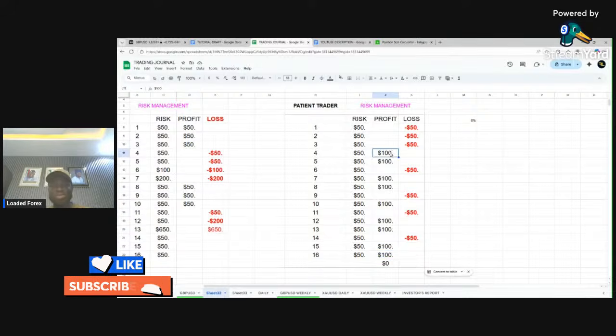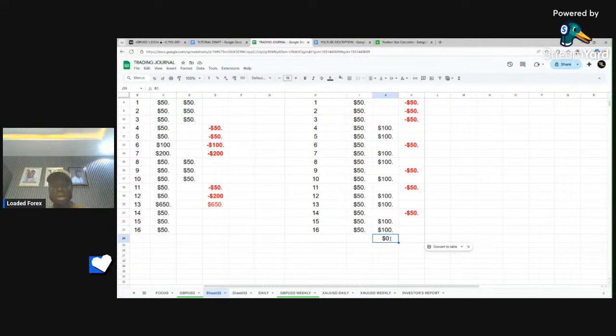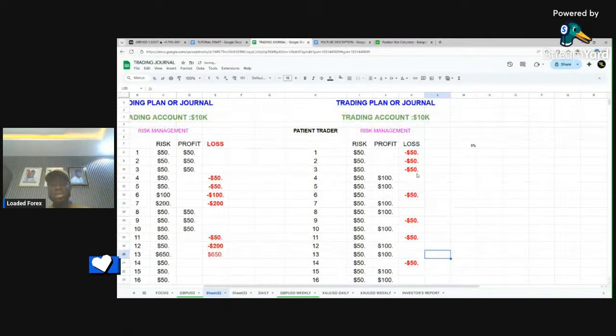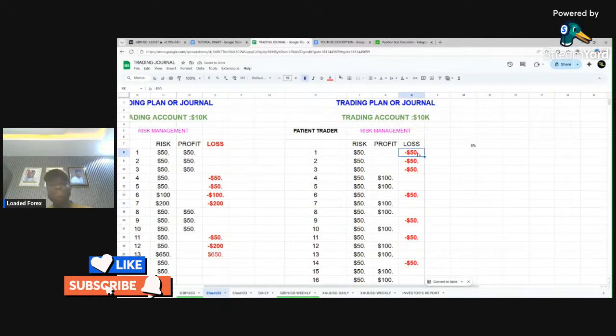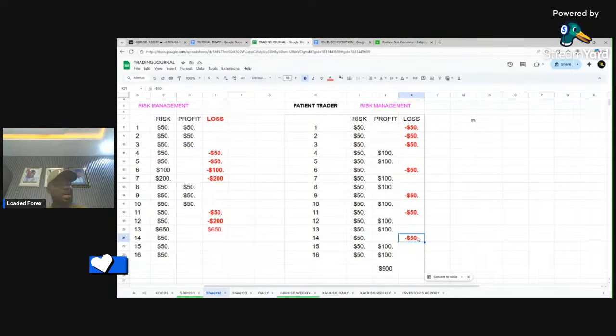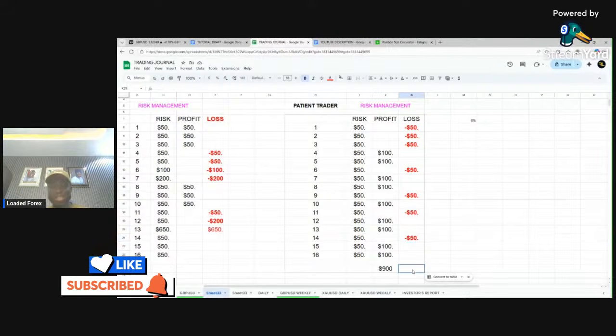The first one is 1, 2, 3, 4, 5, 6, 7, 8, 9. So 9 times 100 will give me 900. I'm able to make $900 profit. So let's calculate at the end of the month. Let's calculate my losses. 1, 2, 3, 4, 5, 6, 7. So 7 times 50 should be $350.